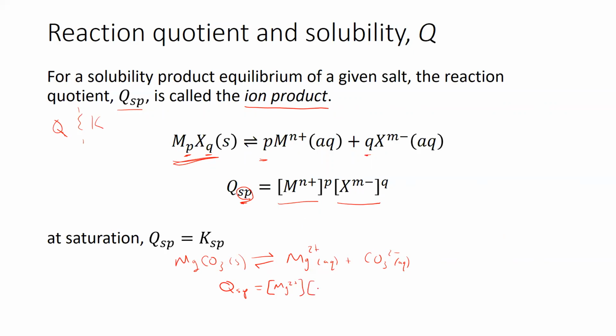So the concentration of the magnesium ion times the concentration of the carbonate. And in that case, it's just not equal to a constant. This can be under any set of concentrations, but you can compare it to a constant like we've done in the past. So at saturation, Qsp is equal to Ksp.